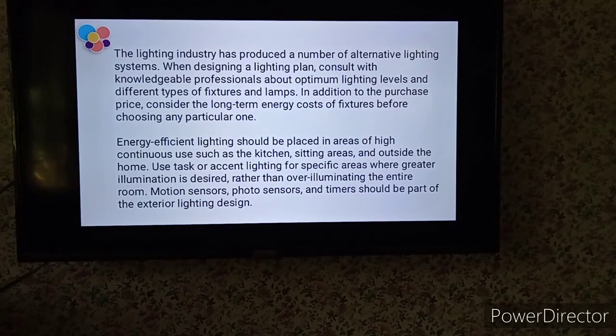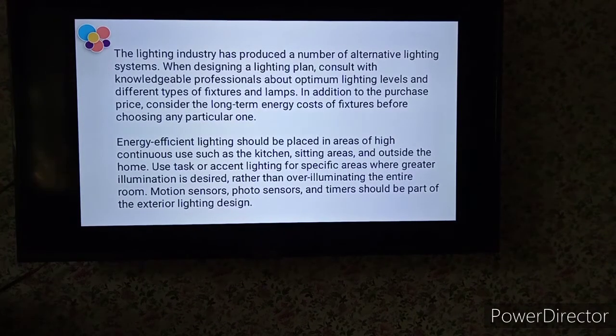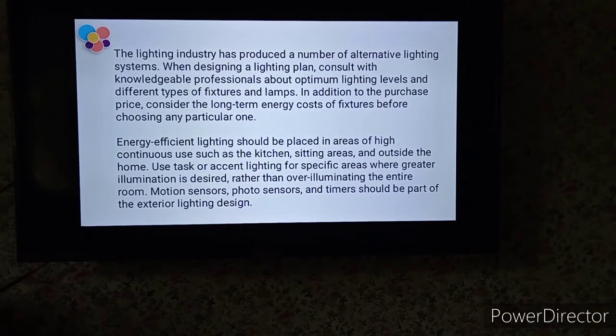Then outside sa home, ang mga motion sensors, photo sensors, and timers dapat maka part siya sa exterior lighting design. So some houses naa sila yung mga lamp nga naay sensor nga mosiga lang if ever nga naay tao.